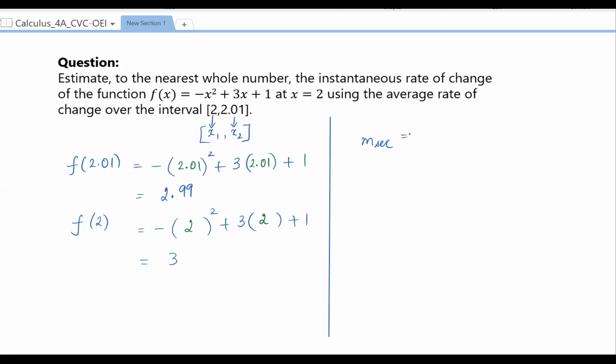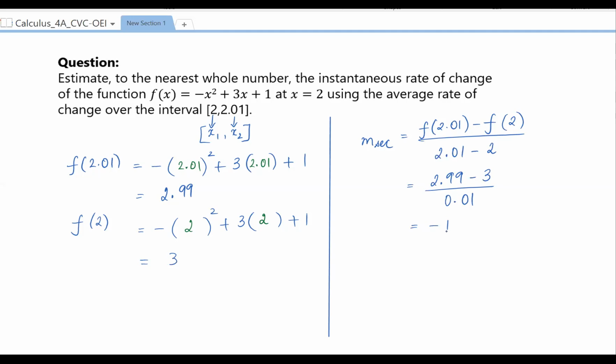Okay, m secant is f of 2.01 minus f of 2 all over 2.01 minus 2, yeah? So that's 2.99 minus 3 divided by 0.01. That comes out to be -1, okay?